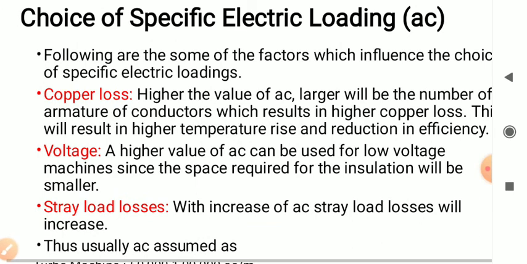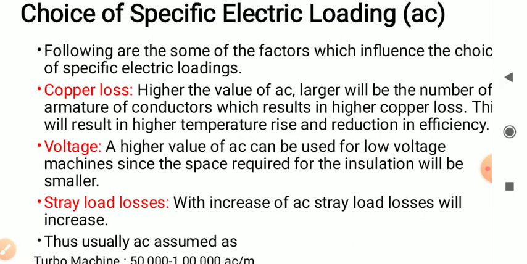Now, the choice of electric loading. Similar to the choice of the specific magnetic loading, the choice of electric loading is also very important, and the specific electric loading affects factors like the copper loss, voltage, and the stray load losses.